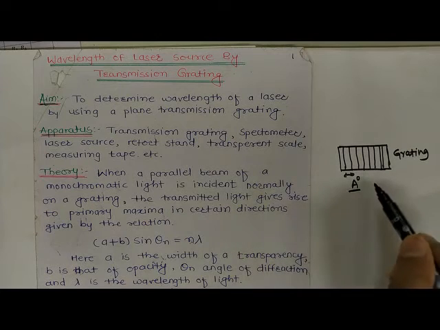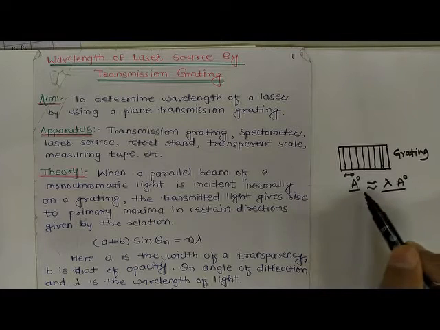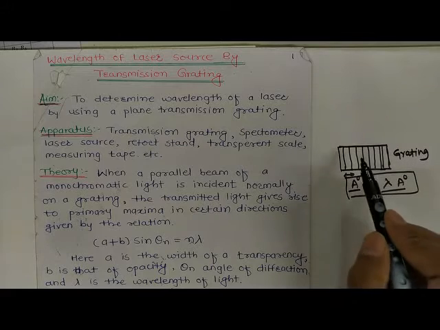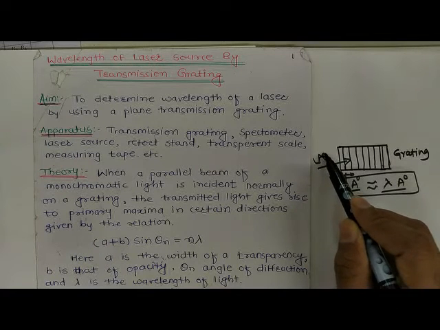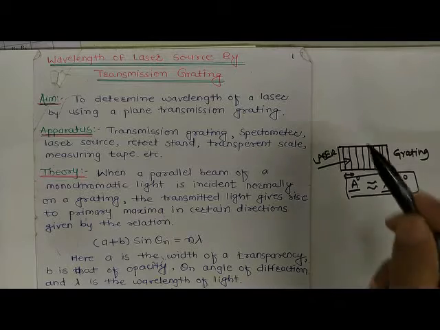And the wavelength of our laser is also in angstrom units. So these two are comparable, and therefore when we illuminate this grating with laser light, the laser light gets diffracted.